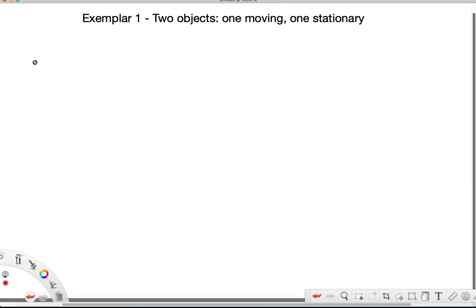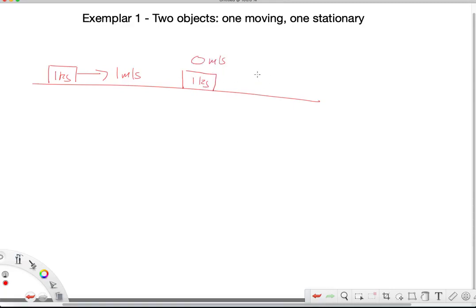Let's say we have this object moving, 1 kilogram at 1 meter per second, and it collides with 1 kilogram which is not moving. And afterwards, these two move off together. So let's say they've stuck together.